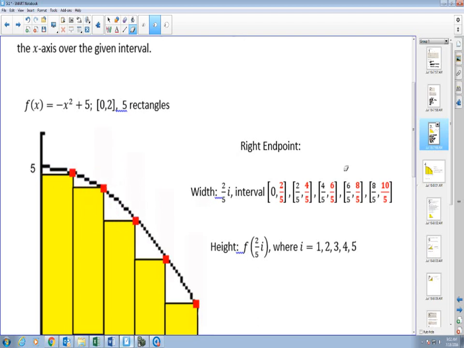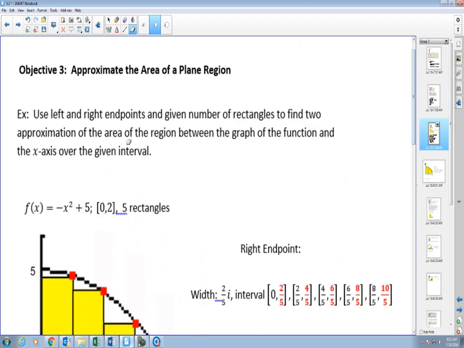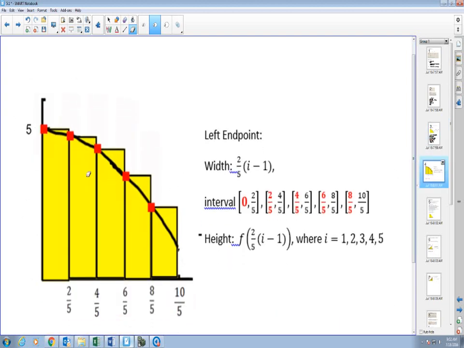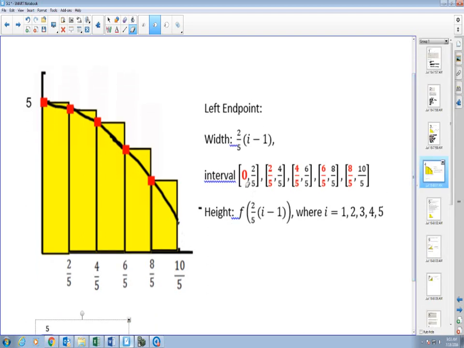So that's why the instruction here says use the left and the right endpoints. Alright, so these are the left endpoints of the 5 rectangles. This point right here is the left endpoint of the second one. This is the left endpoint of the first one. So this time my x value is actually 2 over 5 times i minus 1 instead of 2 over 5 times i. And here are my intervals. I still have 5 intervals.